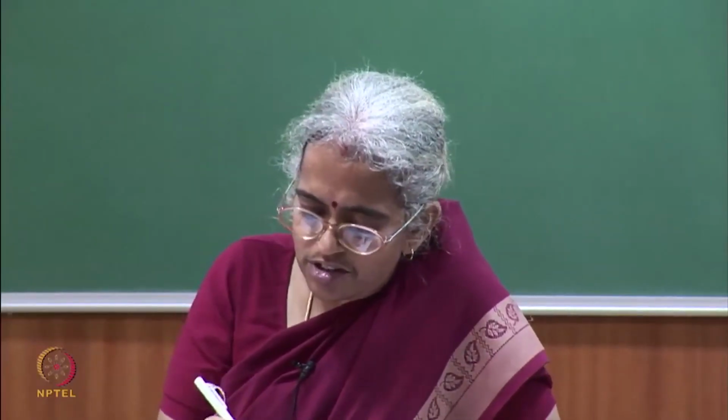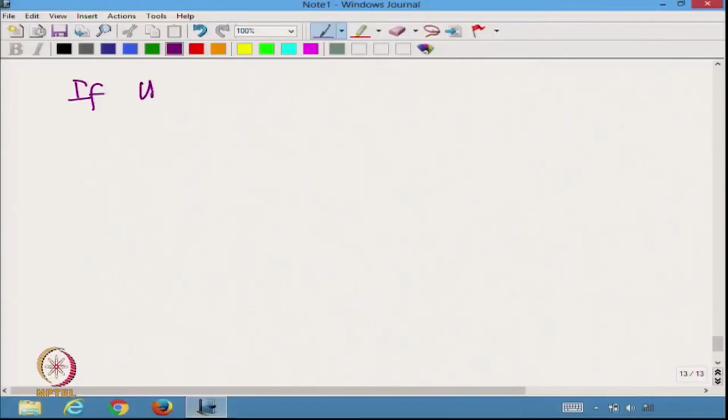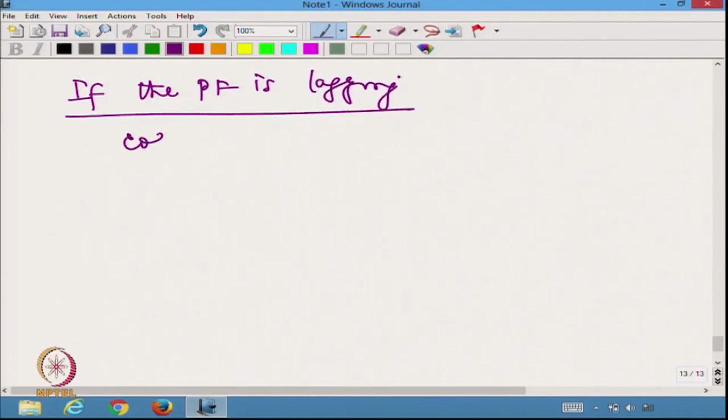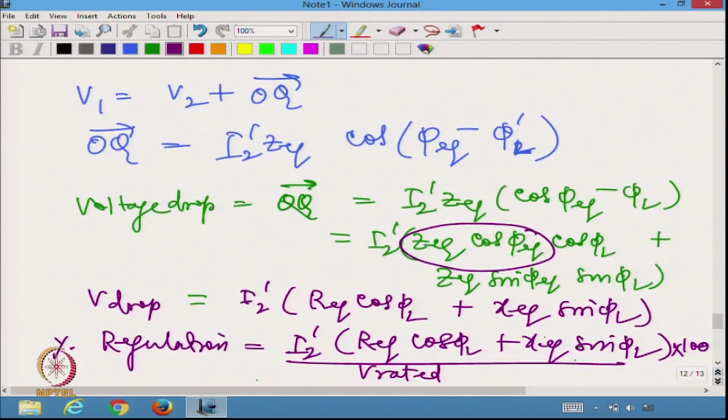Now, with this we should be able to say, if the power factor is lagging, cos phi L is positive, whereas sin phi L is going to be negative. Please remember, this expression was derived assuming a lagging power factor.